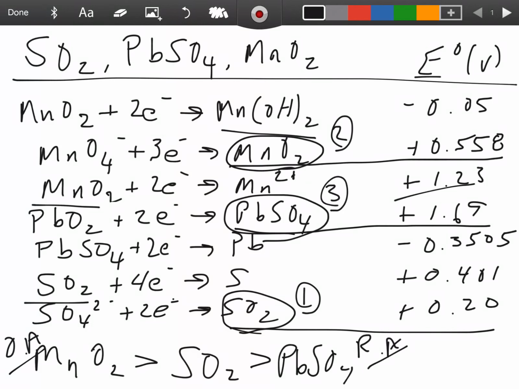So SO2 was better than MnO2, which was better than lead sulfate. That's how we take a look at these in terms of what's the best oxidizing agent and what's the best reducing agent.